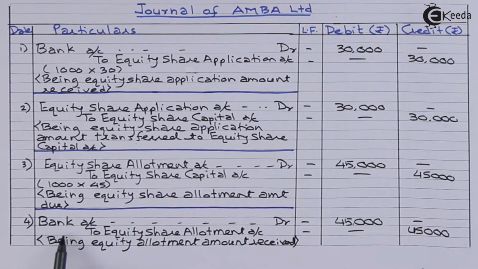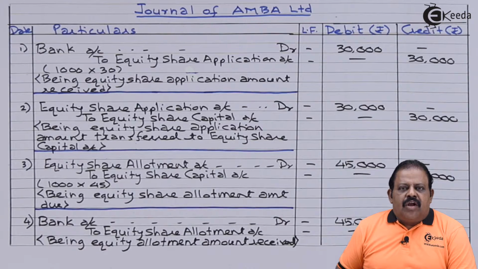So our next entry is bank account debit 45,000 to equity share allotment account 45,000, that is being equity allotment amount received. After allotment there will be the final call.